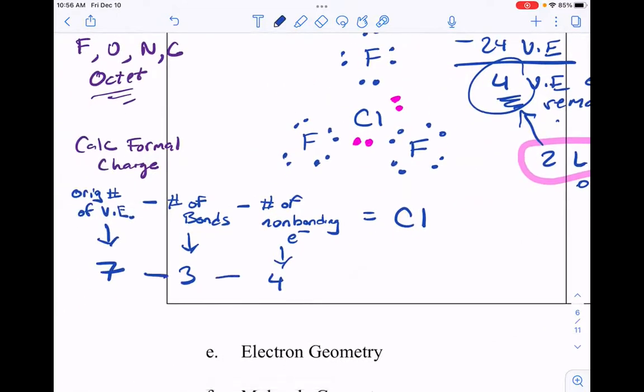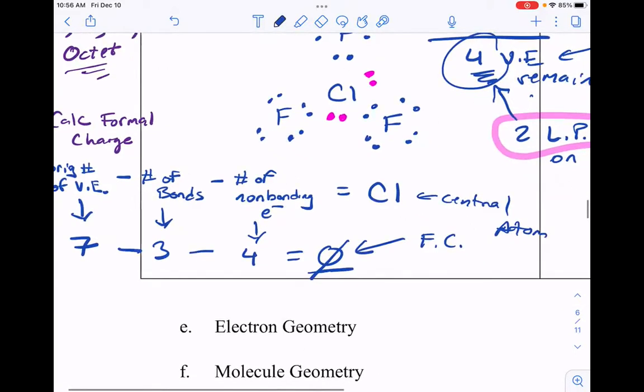So 7 minus 3 minus 4 is equal to 0. When you have a formal charge of 0 for your central atom, that means there are no double bonds or triple bonds that need to be formed.